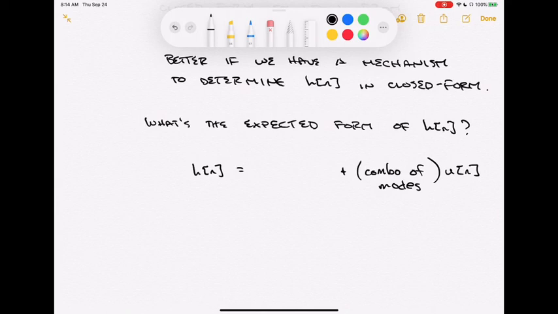Well, because there is an input at 0, and systems can act like wires, you could make a digital wire, you could say y equals x. It is possible that the system can allow a delta function through. So there could be some delta type term in there. This is the same kind of conclusion that we had for the continuous time case. We said that there could be a delta plus some sort of combination of modes that look like that zero input response made causal with a U of n.